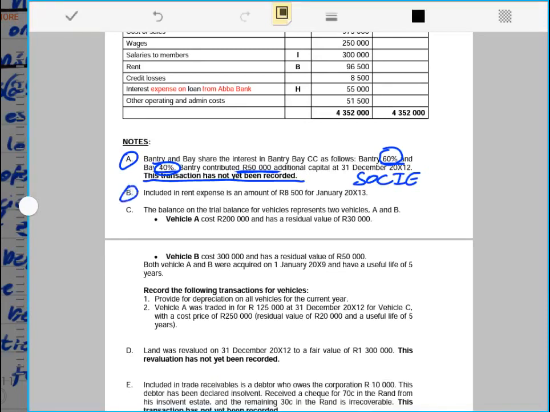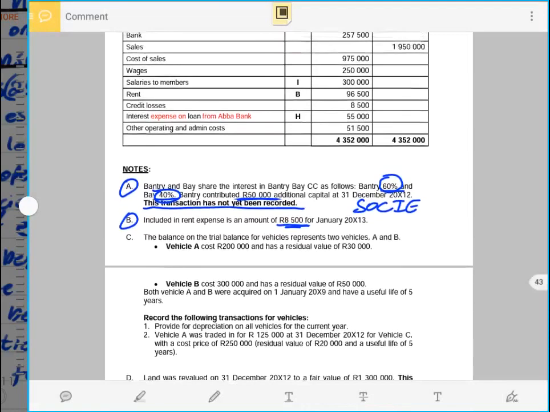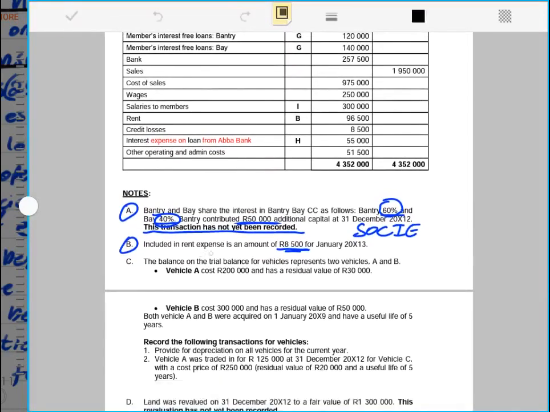Number B says that included in the rent expense is an amount of 8,500 for January 2013. When they are saying that included, they are trying to tell us that in the amount of rent expense, which we have seen in the trial balance to be 96,500, there is an amount of 8,500 inside that 96,500.